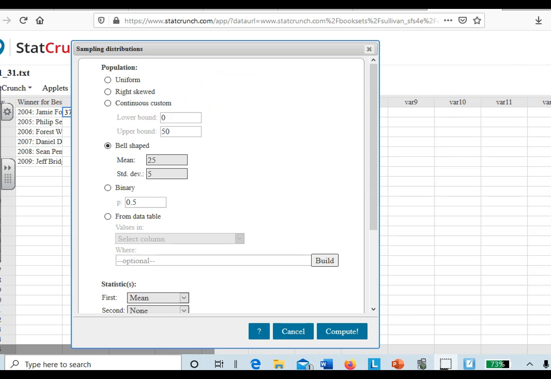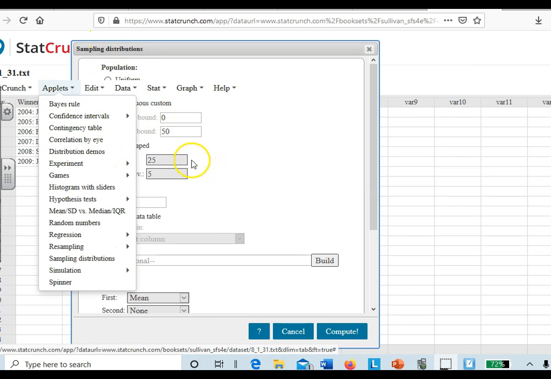So one way we can look at how sampling distributions act is by using a tool. This one I'm going to be using is STA220, but there's lots of different calculators that'll show you how a sampling distribution works. What I've got here is one of the applets that you can choose in STA220.